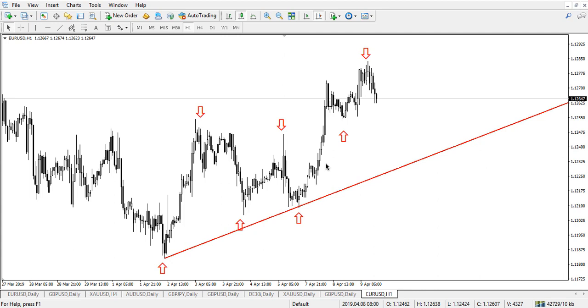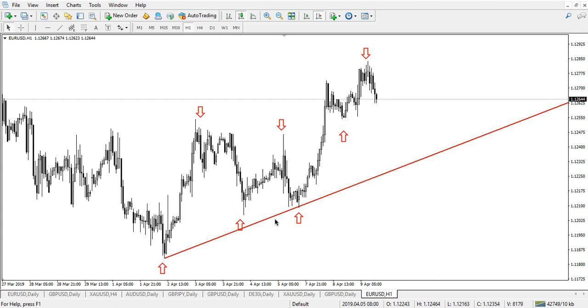Just very easy. What about if I start from this point and go to this point, considering that this is like the second trough? It's okay, but there is one condition: since this is an uptrend line, the line that you draw should be below all the candles on the chart.